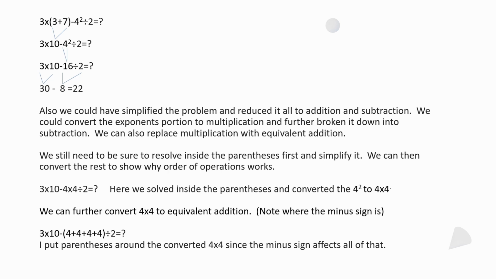Then we have division. So we would do the division next. The division 16 divided by 2 is 8. Keep in mind we've got that minus sign in there, so we're going to be subtracting that 8 now. So we have 30 minus 8 equals 22.